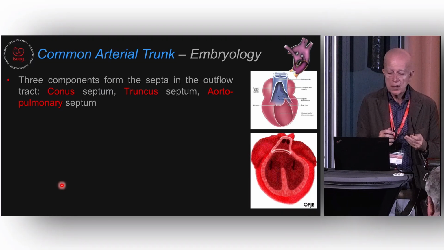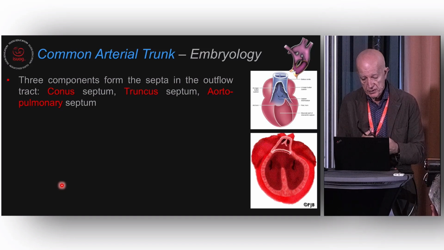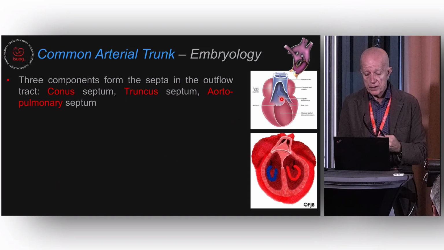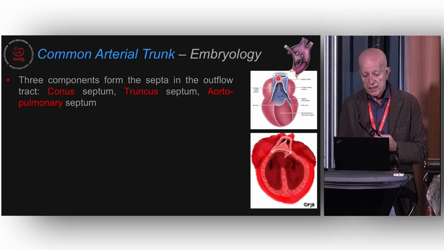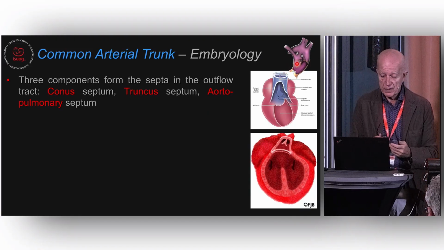And this is quite true for the common arterial trunk and conotruncal malformations in general. In fact, if you look at the normal embryonic bulbus and the conus here, which start to be separated into the two outflows, that's exactly the same anatomy that you have in common arterial trunk.